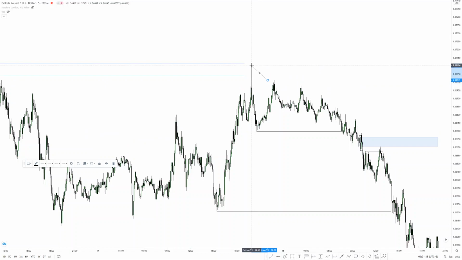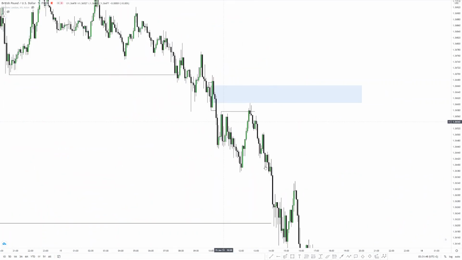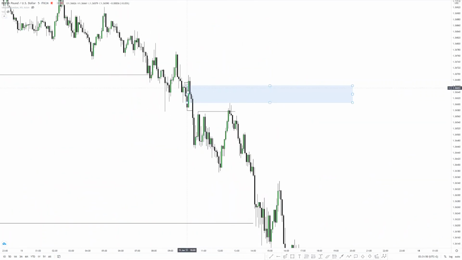So I'm going to use the low, this one right here, where the imbalance would be filled, and the high of the breaker for the stops.